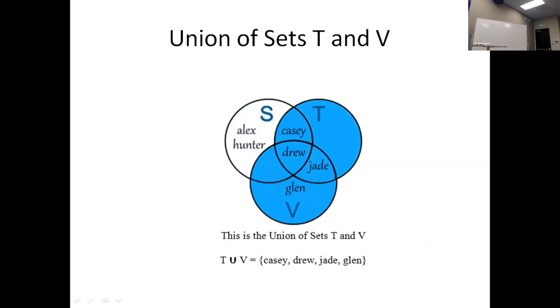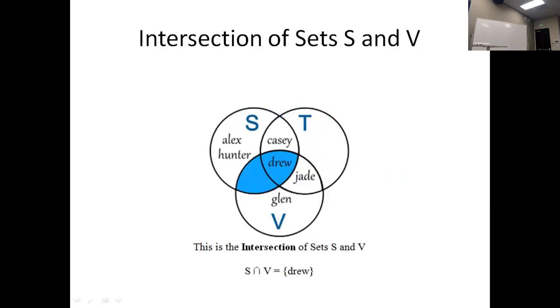The union of sets T and V, those who play tennis or volleyball, would be Casey, Drew, Jade, and Glenn. The intersection of set S and set V has only one member, Drew. There's only one person who plays both soccer and volleyball, right?